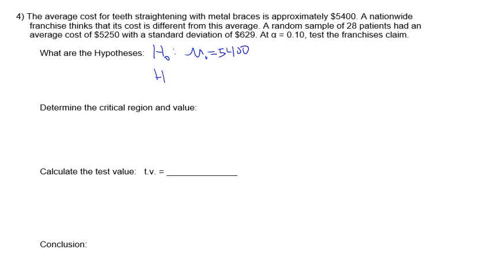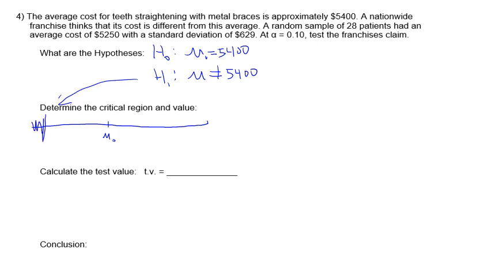The actual claim itself, which is the alternative hypothesis, is that this is different. So, there are the hypotheses. The critical region is going to be a two-tail region, because here's the mean, but it's saying it's different. Different means less than or greater than.